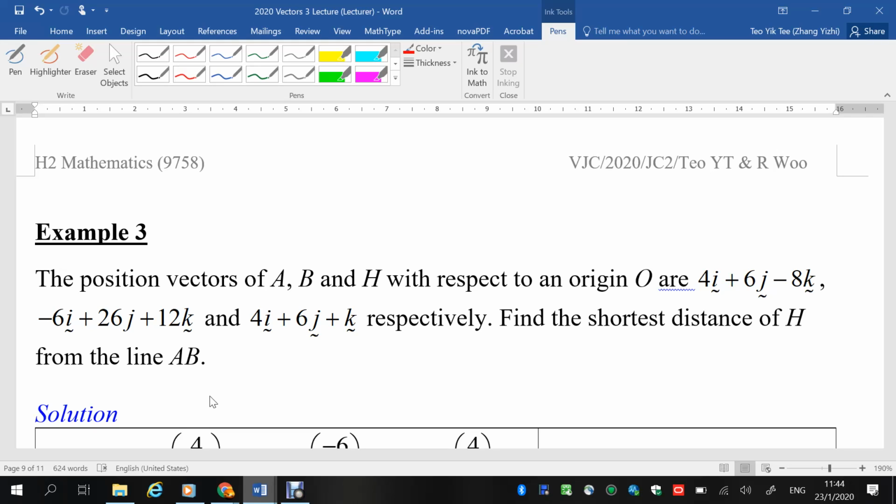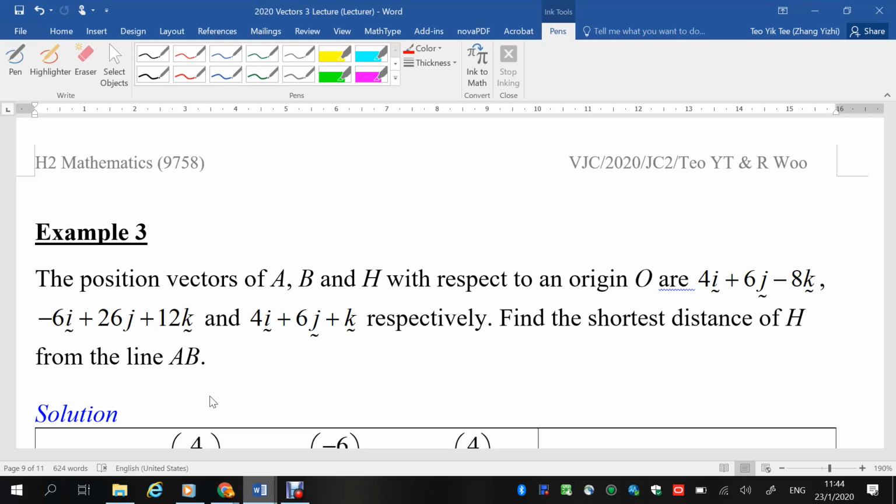Second takeaway is, in vectors, sometimes we'll guide you along to teach you how to do the question. This question, no guidance. I'll just tell you A, B, C, find the shortest distance. So they expect you to put all your available skills to use.